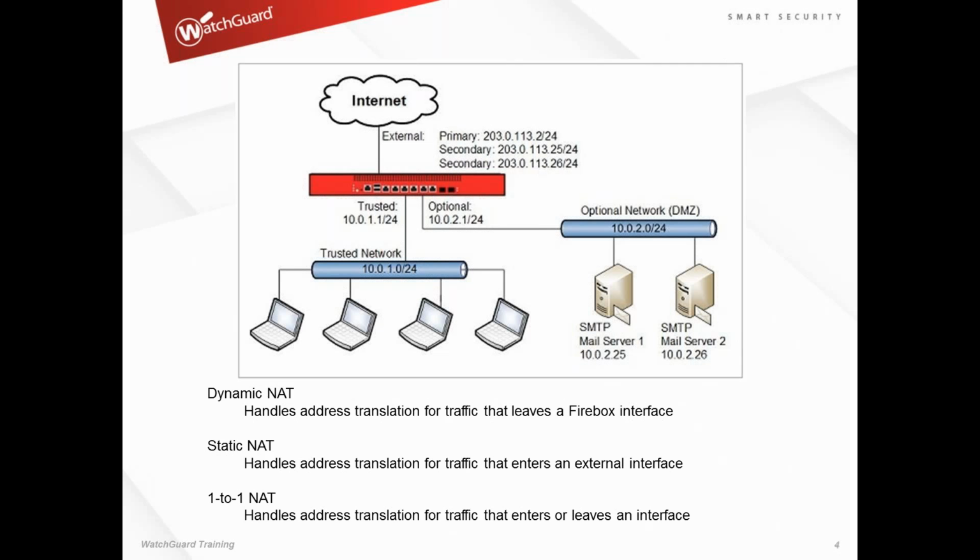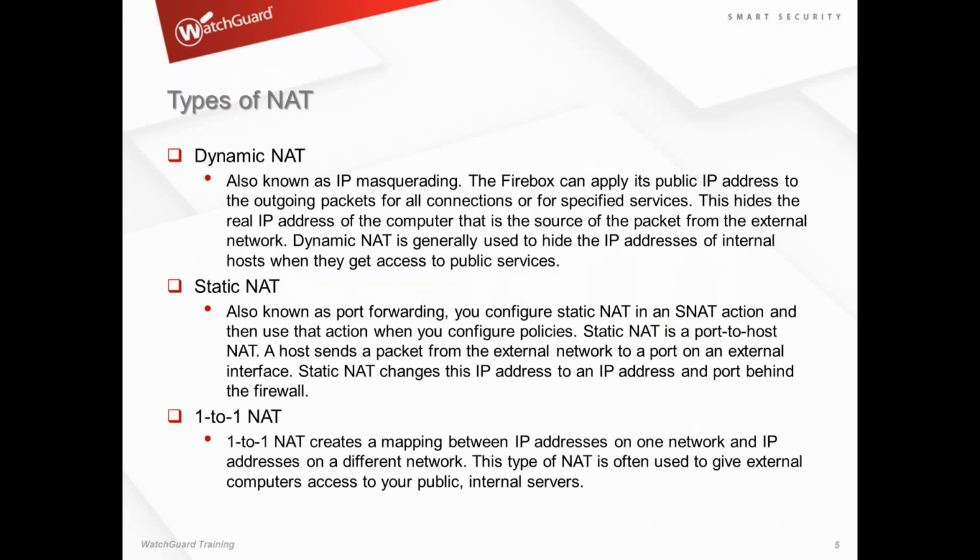Maybe you have a call manager, a VoIP server that you want to publish out to the internet because you have remote workers all over the world and you need more of a one-to-one NAT. Again, we can create that rule as well, so that all traffic from one IP inbound to another is resolved to a private IP, which we'll talk a little bit more about as well.